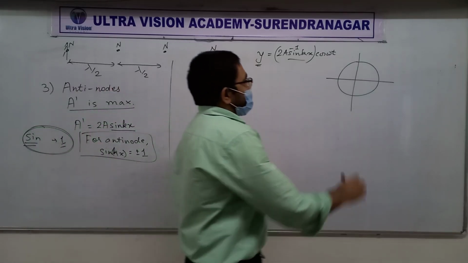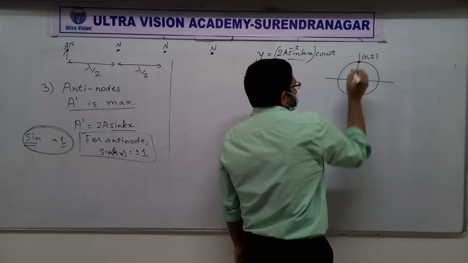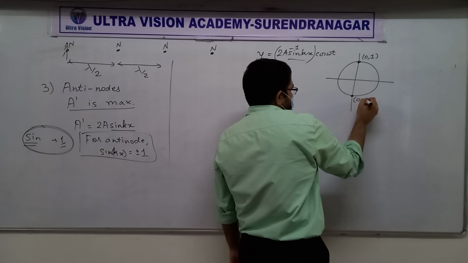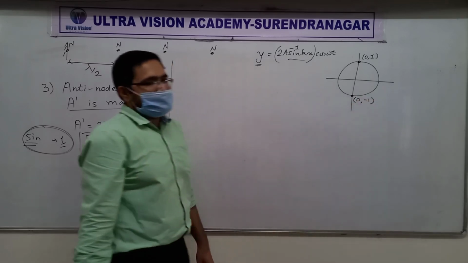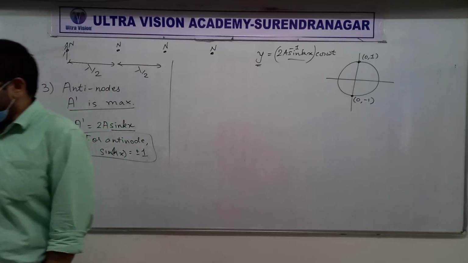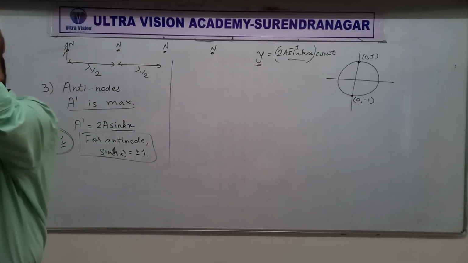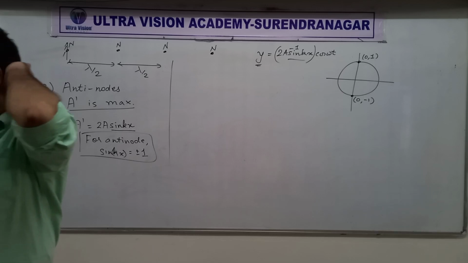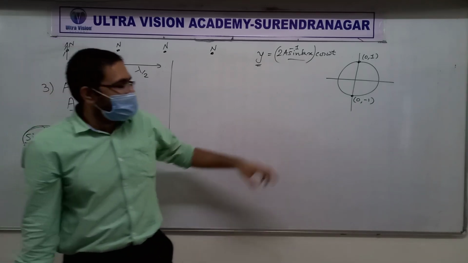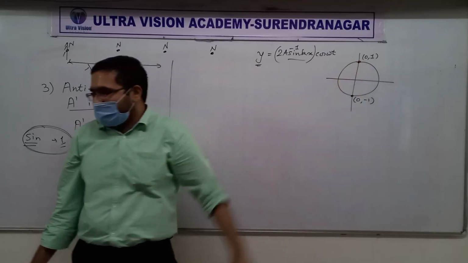Sine's value is +1 at this point, isn't it? And sine's value is -1 at this point. Clear or not clear? Sine's value is +1 at that upward point and -1 at the lower point. I am especially concerned about biology students. Math students, I am sure you know this. Fine? Clear? These 2 points, we are looking for these 2 points. Clear or not clear?